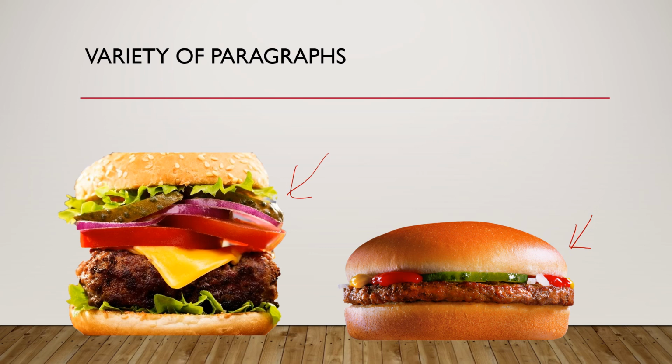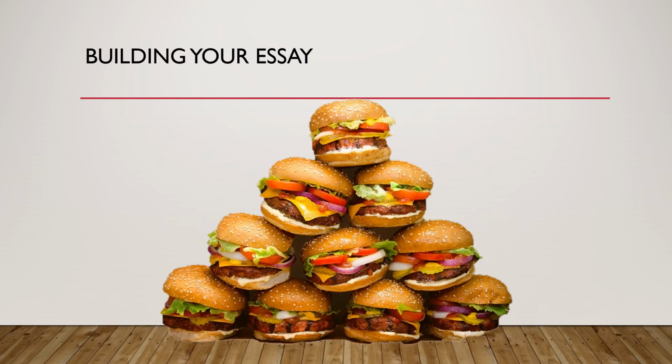Both are good. Having a variety of them is a good idea. You don't want all of your paragraphs to be gargantuan like this one. The readers will get overwhelmed, and you don't want them all too simple as well. So a variety of paragraphs will make your writing more interesting.